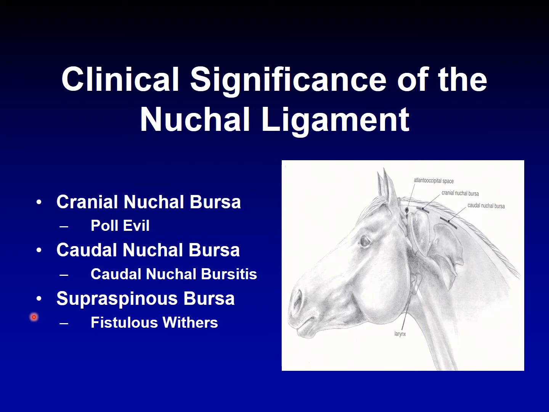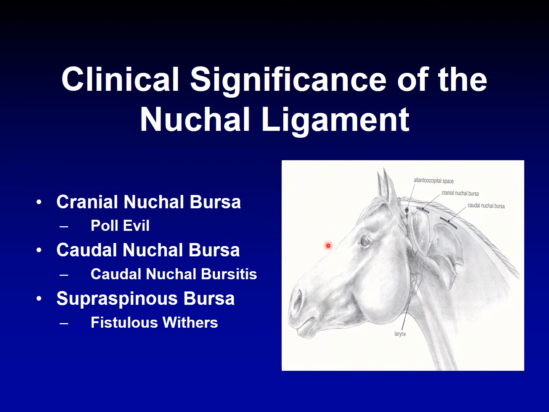The disease of the cranial nuchal bursa, between the ventral aspect of the funiculus nuchae and the spinous process of the atlas, or the first cervical vertebra, is called pole evil. Pole evil.